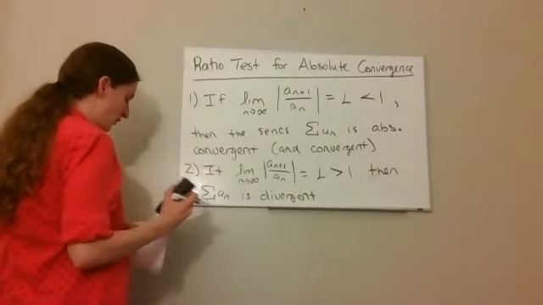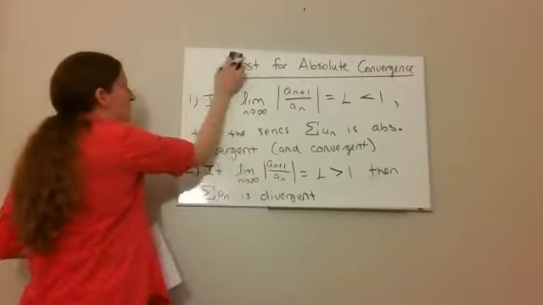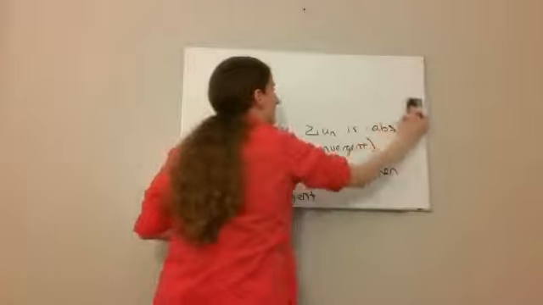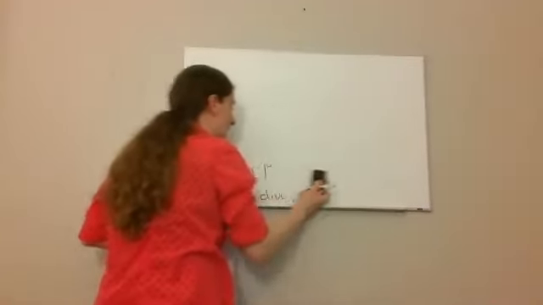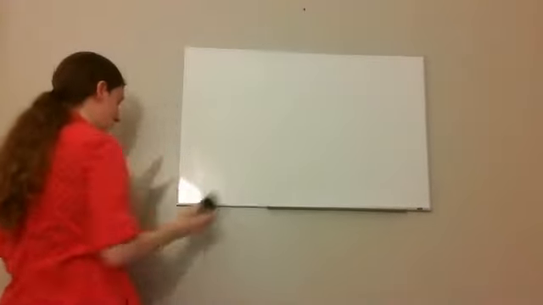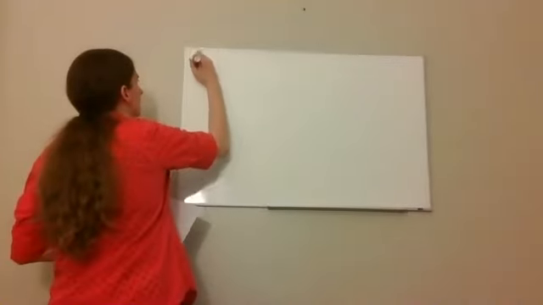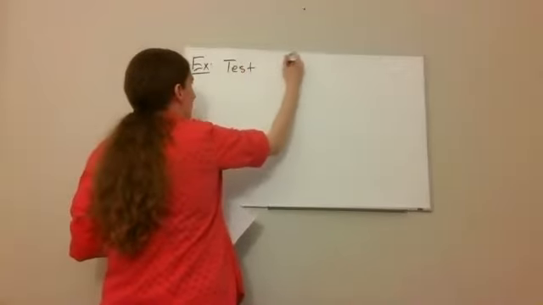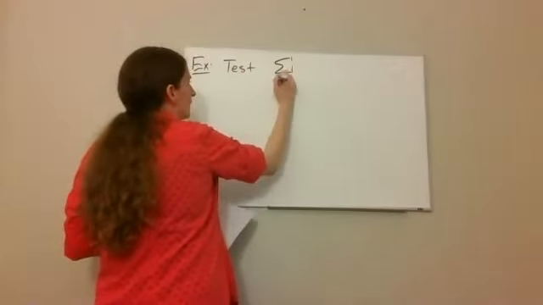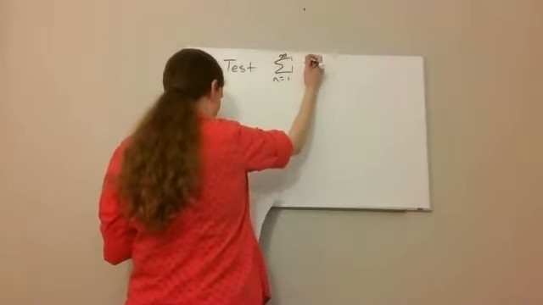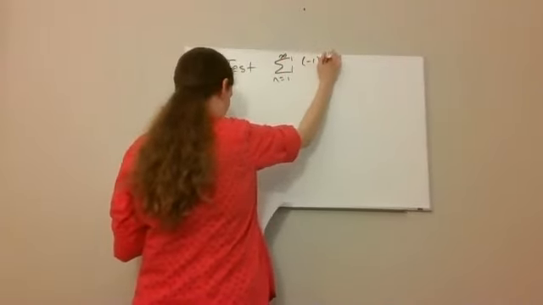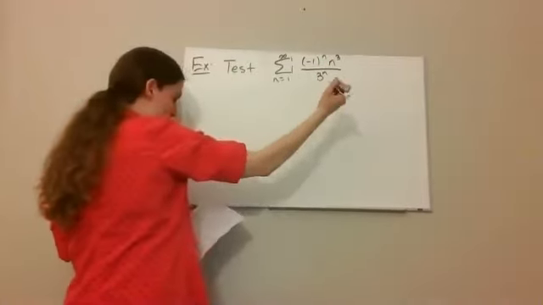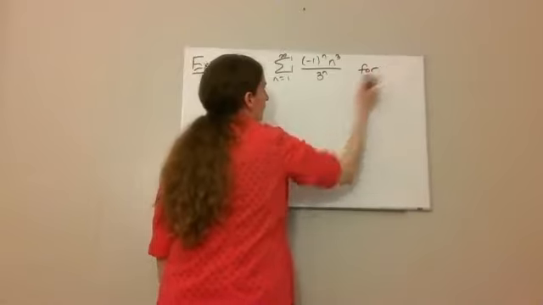So let's finish up with an example where we're going to use this ratio test for absolute convergence. We're going to test the series, the sum from 1 to infinity of (-1)^n times n^3 over 3^n, for absolute convergence.